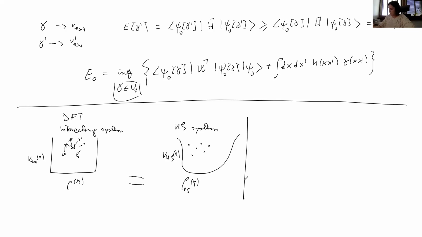So now the question is, can I have something similar also in RDMFT? Now I have an external potential which is non-local. I have again my interacting system, and here I have a certain density matrix.